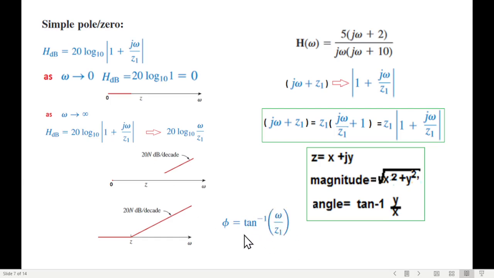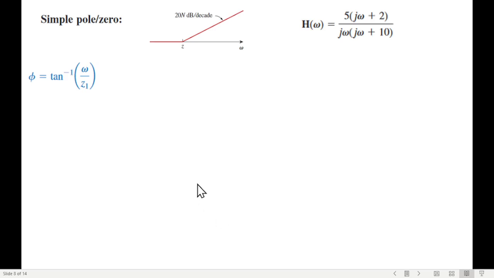So this will be the phase angle, and now we'll plot this. We have plotted the magnitude, now we'll plot the phase angle. Three cases we'll consider. When omega is 0, this will be 0, and tan 0 is equal to 0, so the value of tan inverse will be 0.